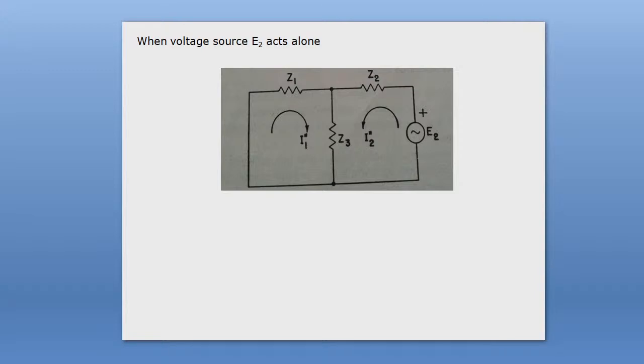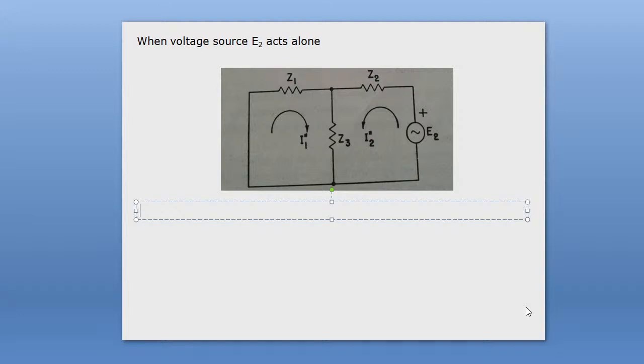So we have already derived the expression for I1 dash and I2 dash for the supply voltage E1. In a similar way, you can derive the expression of I1 dash and I2 dash for the E2 supply voltage. So everyone write the expression of I1 and I2 for supply voltage E2 and verify the result.